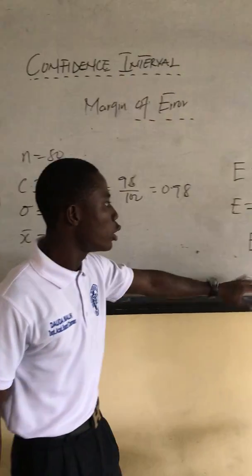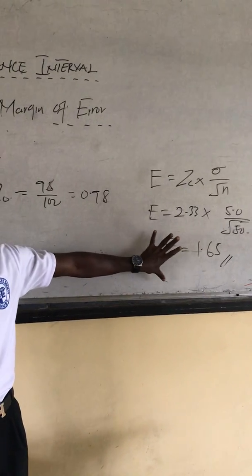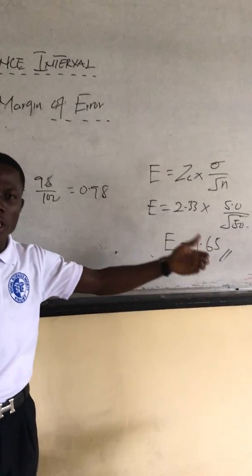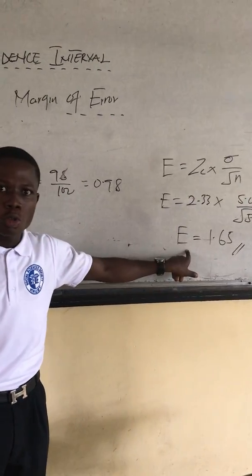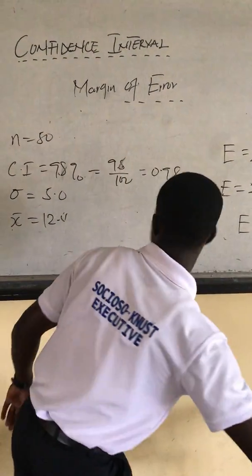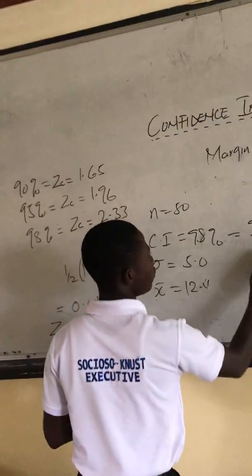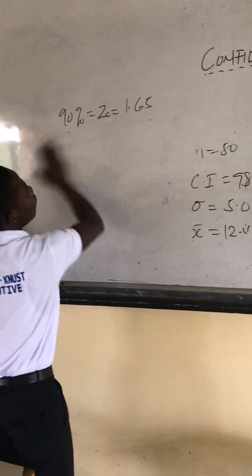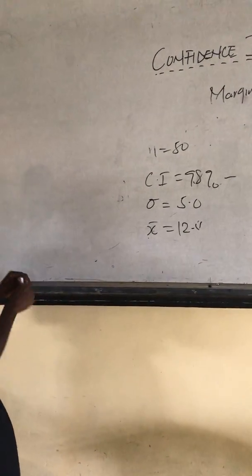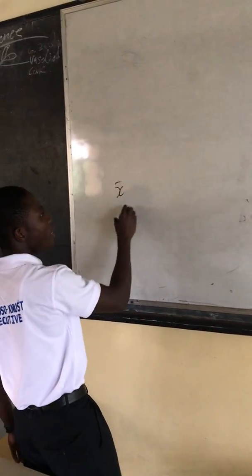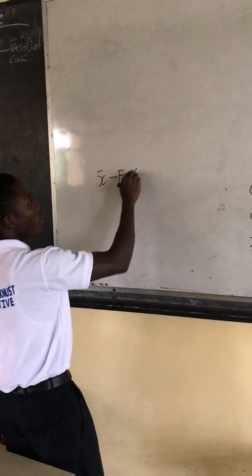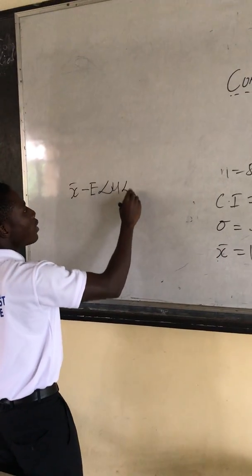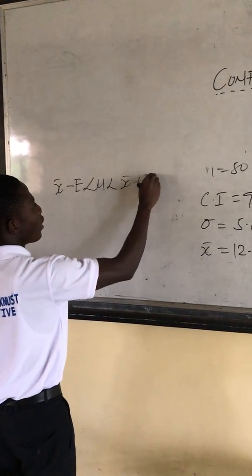With the interpretation, you subtract this margin of error from the mean on your left side. Then you add the margin of error to the mean on your right side. So let's interpret it here for us to see. So with the interpretation, it is mean minus margin of error less than mean less than mean plus margin of error.